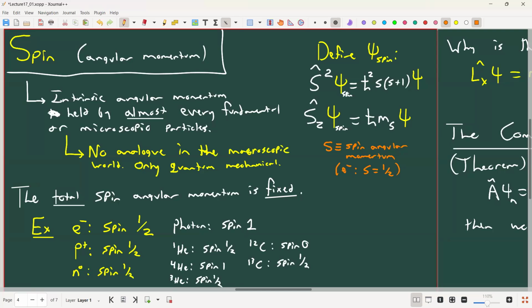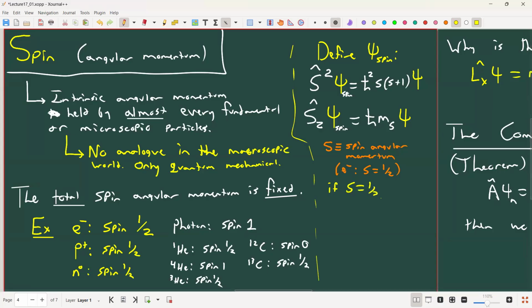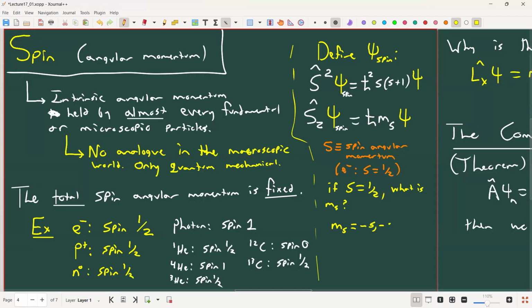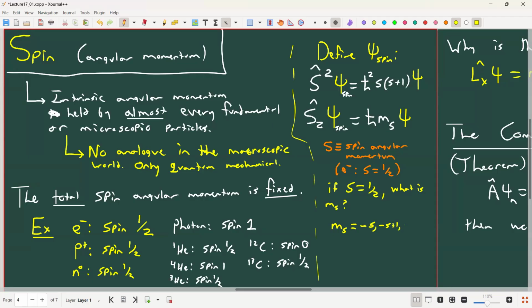And so if S is 1/2, what does that mean for m sub s? Well, remember our rules from before. m sub s can be anything between minus S and plus S, different by 1.